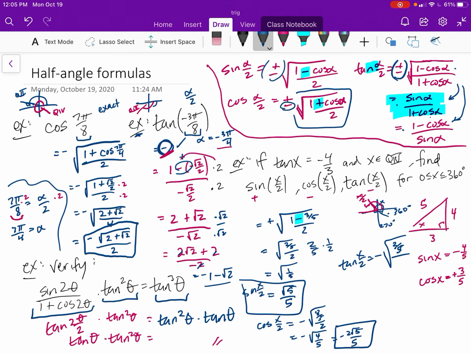So 8 over 5. Also, why does that make sense? Because tangent is sine over cosine, and those 2's would cancel. Anyways, now the 5's cancel. 2 over 5 over 8 over 5, and we get 1/4. Square root of negative 1/4. Well, square root of 1 is 1, square root of 4 is 2, so we get negative 1/2.